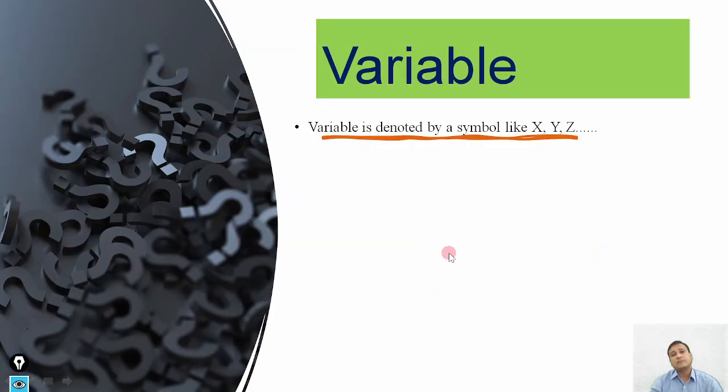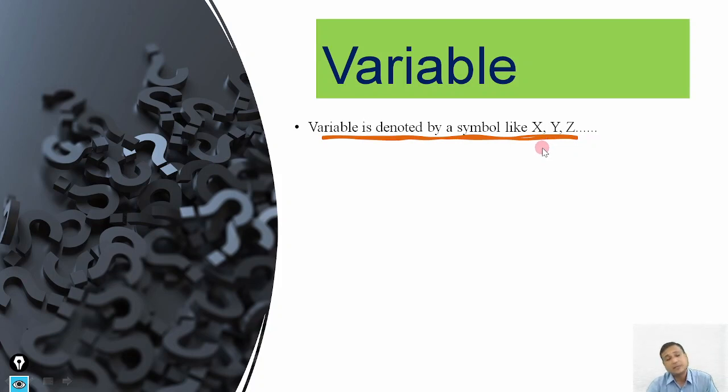So let me come back to the variable again. What is variable? Variables represent the characteristics of an item or an individual or an object. How do we denote variables? We denote variables using different symbols, and they are mainly the capital letters from the English alphabet, X, Y, Z, or any other alphabet you can use, no issue.